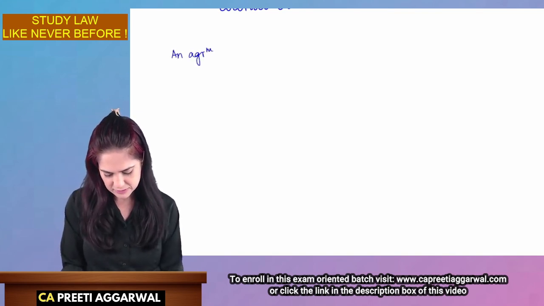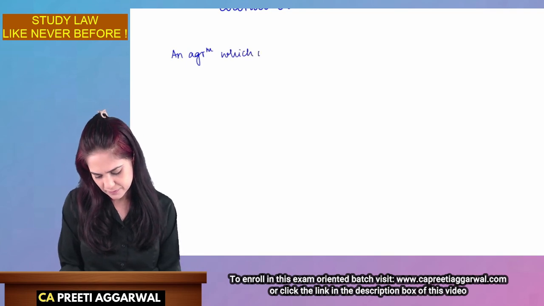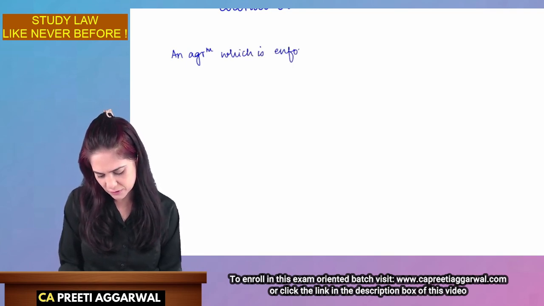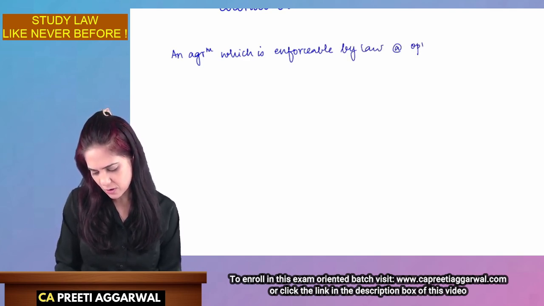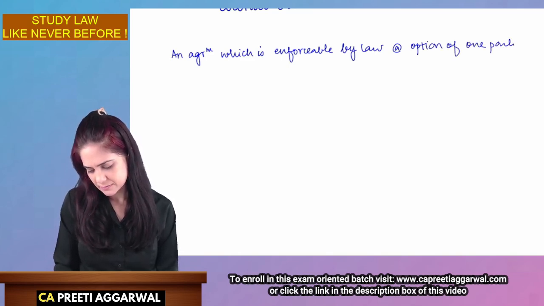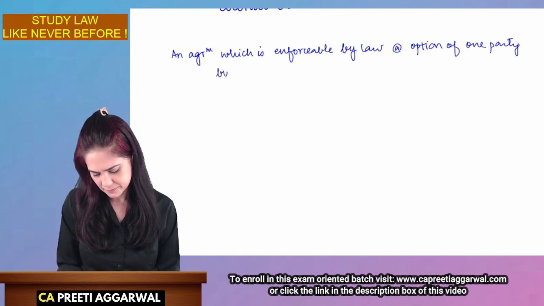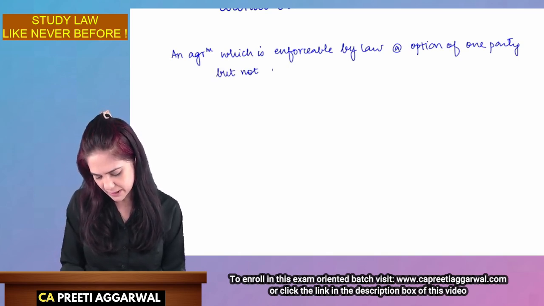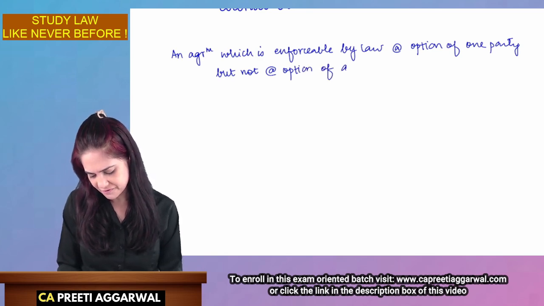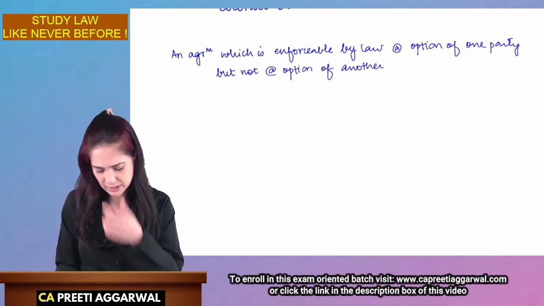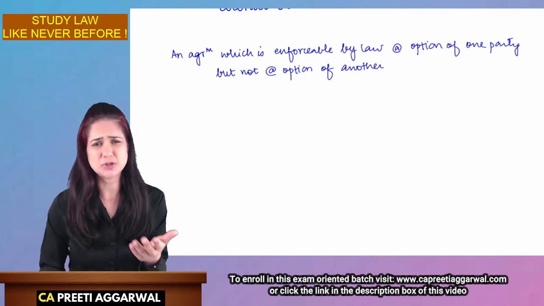An agreement which is enforceable by law at the option of one party but not at the option of another party. Okay? You have to just write it in short.